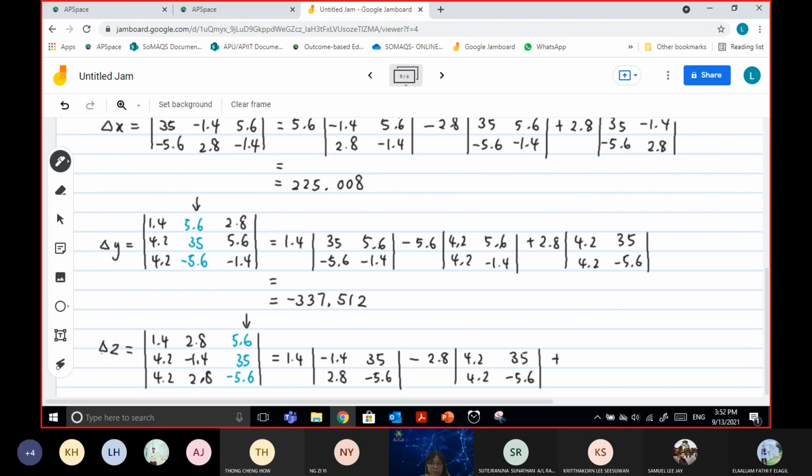Then the last one plus 5.6, then 4.2, 4.2, negative 1.4, 2.8. So what is the last answer for the determinant of z? 450.016. Correct.